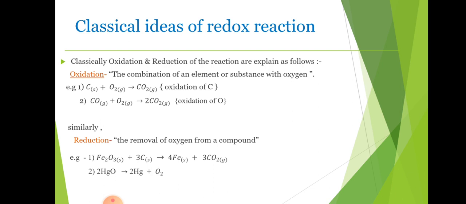Now, the first point is the classical ideas of redox reactions. What is the classical idea of redox? First, one by one, oxidation and reduction are classically explained as follows.